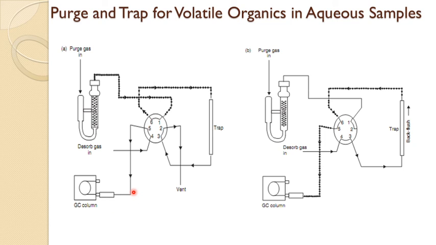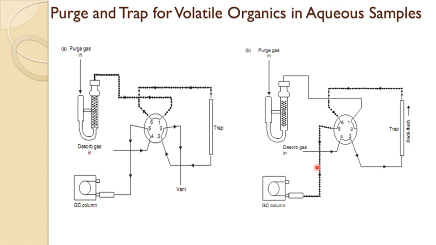But after a sufficient amount of compound is trapped in this trap system, the port is changed like this. The desorption gas passed from port 4 goes to 3, and that reverts into the trap, and whatever molecules were trapped are plugged into port 6. At that time port 6 is not connected to A, it is connected to the gas chromatographic system, and it goes for the analysis.